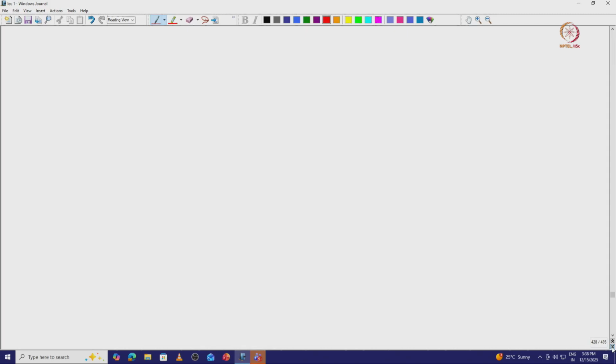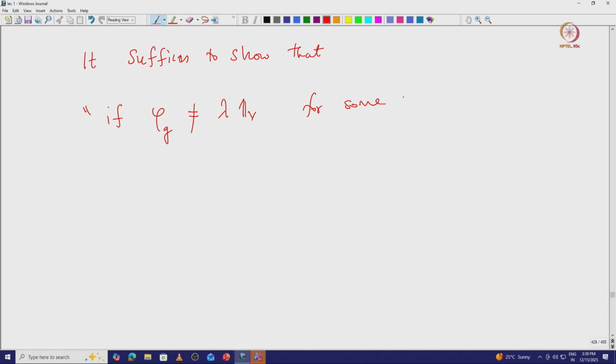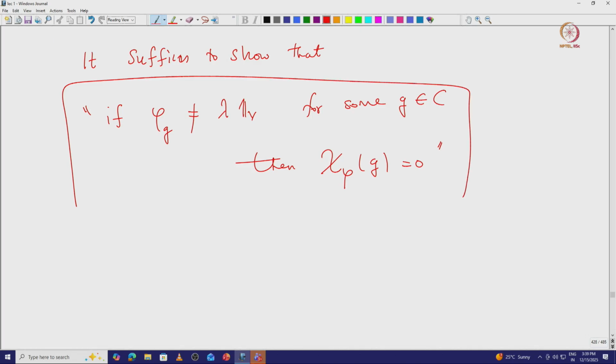The observations tell us that it suffices to show that if phi(g) is not equal to a scalar times identity for some g in C, then we conclude that chi_phi(g) must be 0. We are going to prove this statement, which is equivalent to the statement in the result.